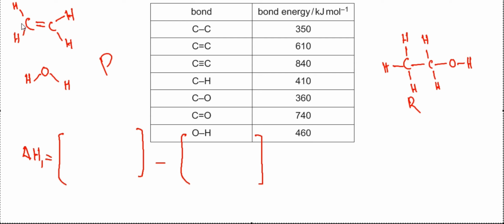In the reactant side we have carbon to hydrogen bond 1, carbon to hydrogen bond 2, so I can write 1, 2, 3, 4. So we have 4 carbon to hydrogen bonds, plus we have a carbon to carbon double bond, which is 1.